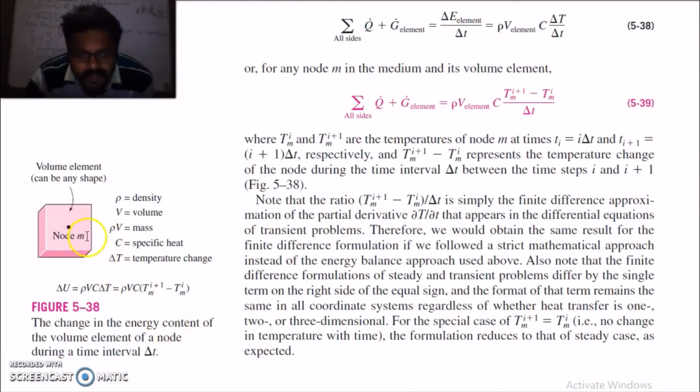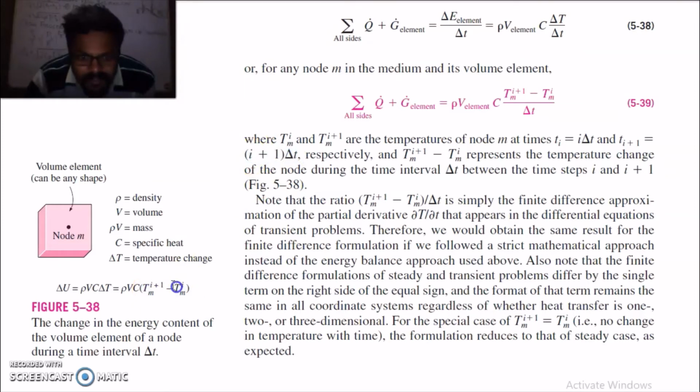This is the change in energy content of the volume element of node m during time interval Δt, that is T_m^(i+1) minus T_m^i, where T_m^i and T_m^(i+1) are the temperatures of node m at time t_i and time t_(i+1). So this temperature is at time i times Δt and this temperature is at time (i+1) times Δt.